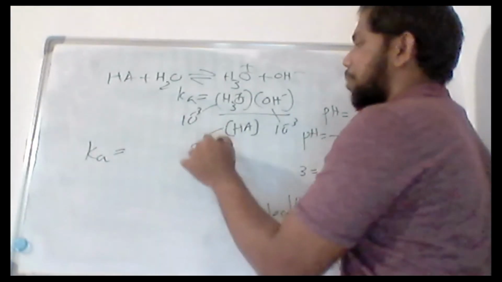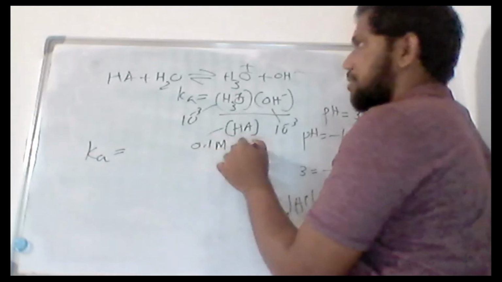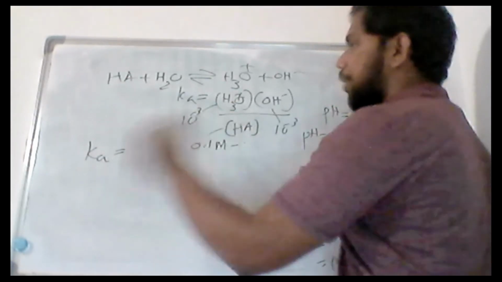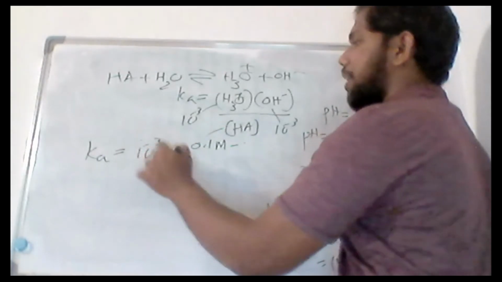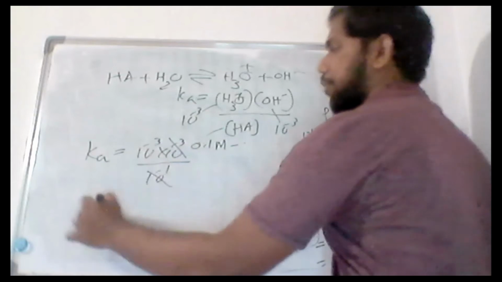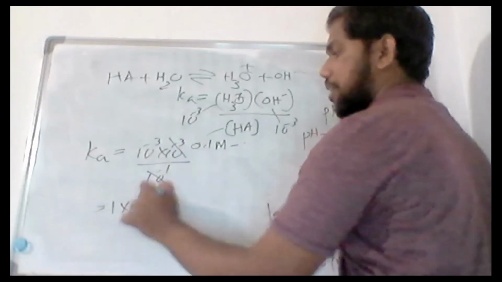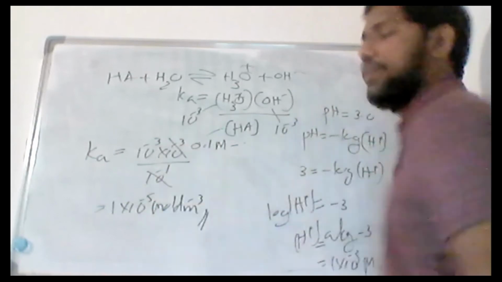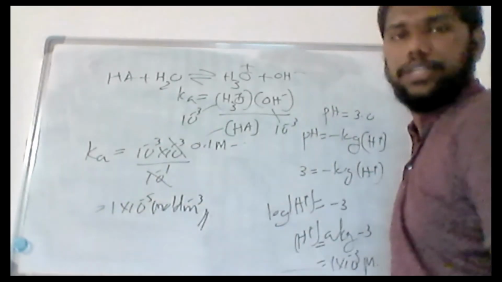So HA is 0.1 M minus some x, which is negligible, is small. So your Ka expression is 10 to the power minus 3 into 10 to the power minus 3 over 10 to the power minus 1. So you get 1 into 10 to the power minus 5 mol dm minus 3.